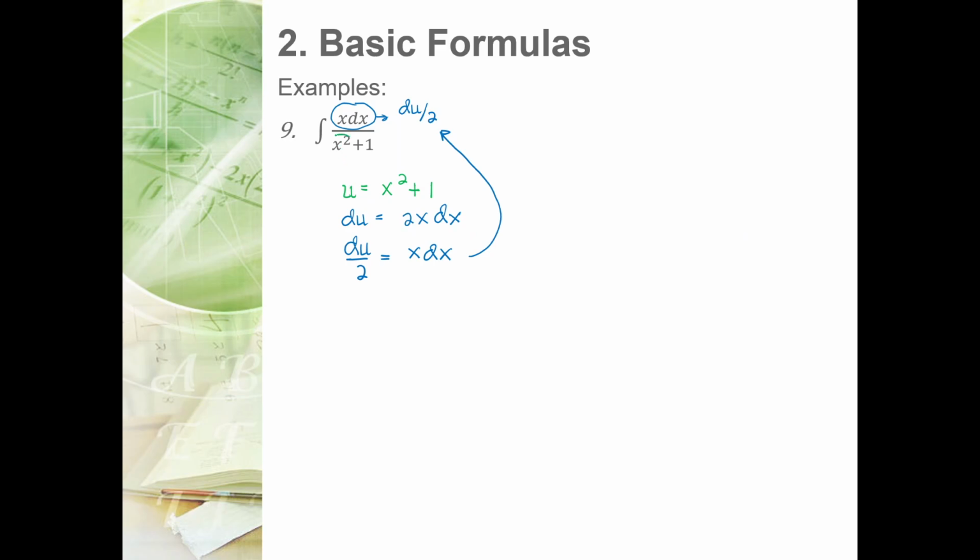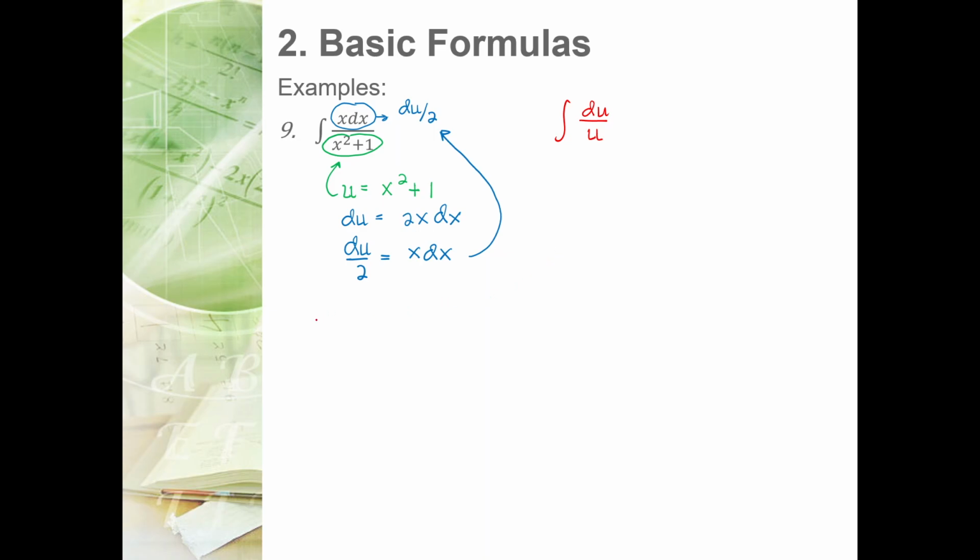And then your x squared plus 1 is your u parameter. Notice that your final answer is more likely a natural logarithm integral, right? It looks like du all over u is its basic formula.